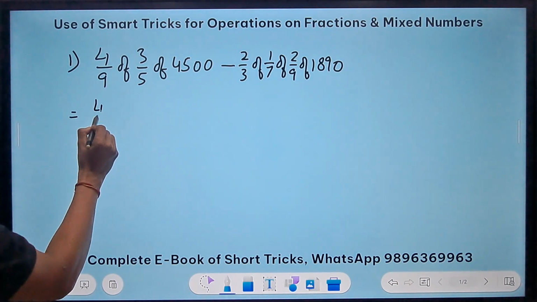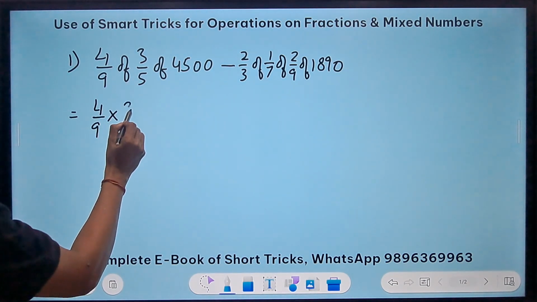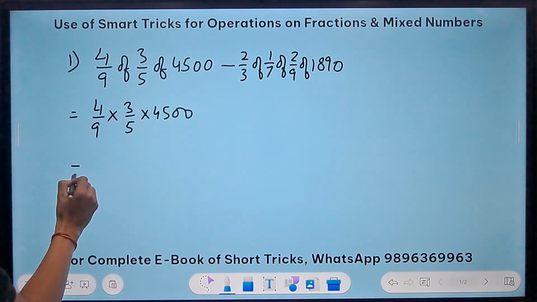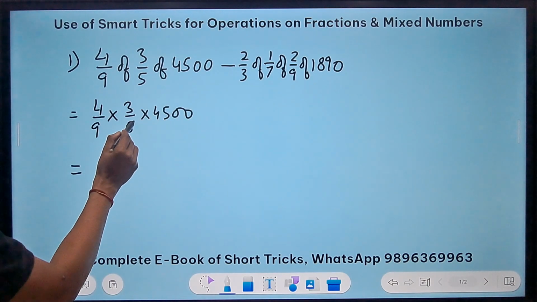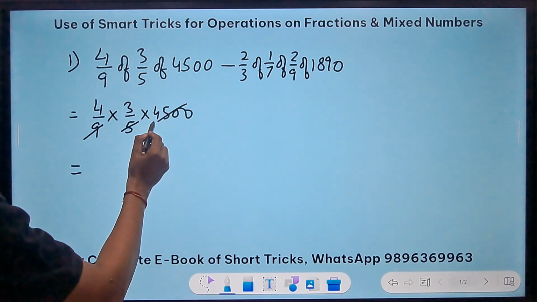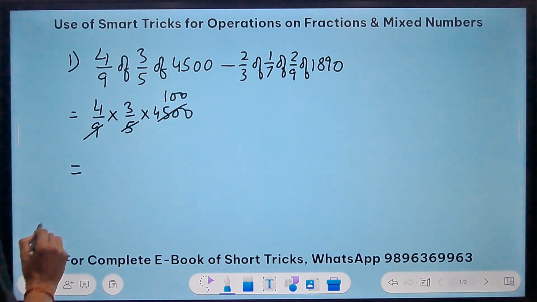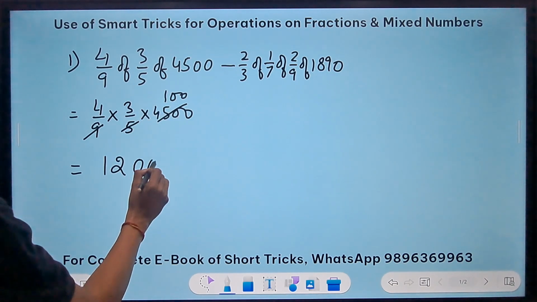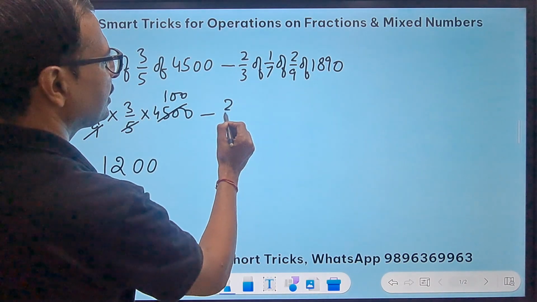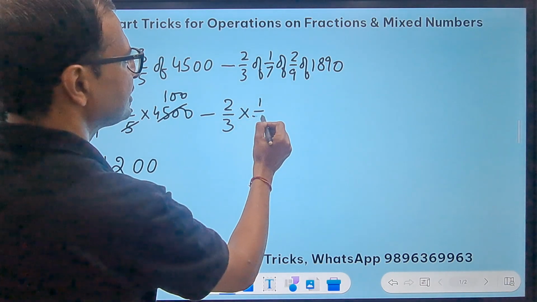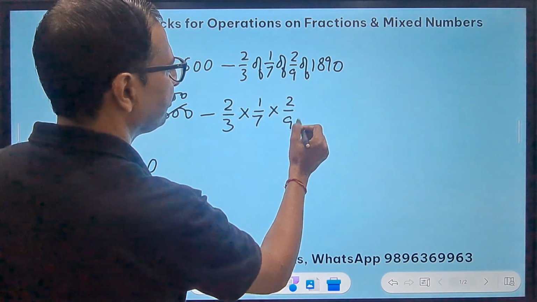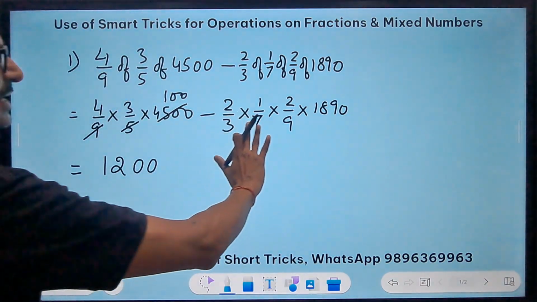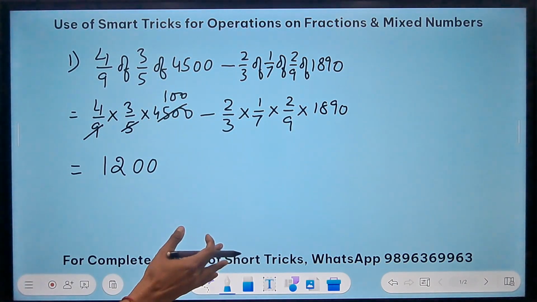I told you 4/9 of means multiply, and you can actually solve this part very easily because I can see 9 5s are 45, and 45 cancels 4500 exactly 100 times. So this is 4 3s are 12 multiplied by 100, which is 1200. And likewise the second part, 2/3 of 1/7 of 2/9 of 1890. He is not complicating the problem for us. The numbers he has given here may be cancelling each other very easily.